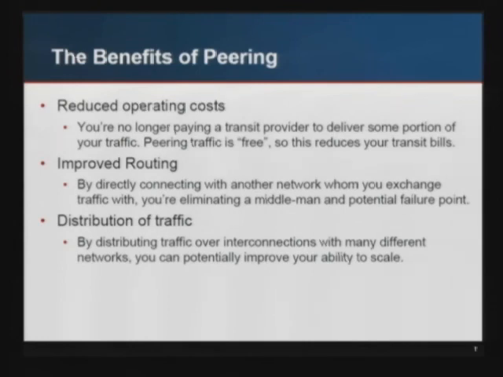So you're eliminating a middleman, you're eliminating a potential point of failure, and you're also increasing the distribution of your traffic. So instead of having one transit provider, you may now have many different peers, and you're spreading out that traffic over many different destinations. So you can improve your ability to scale and potentially improve the reliability of your network.